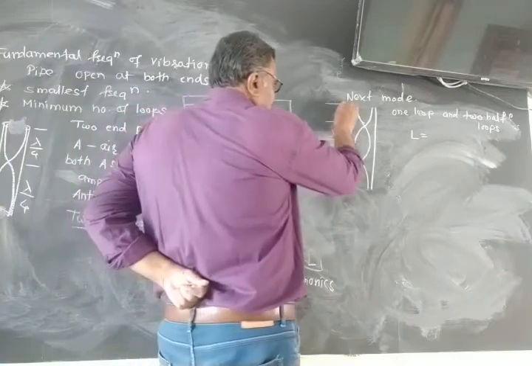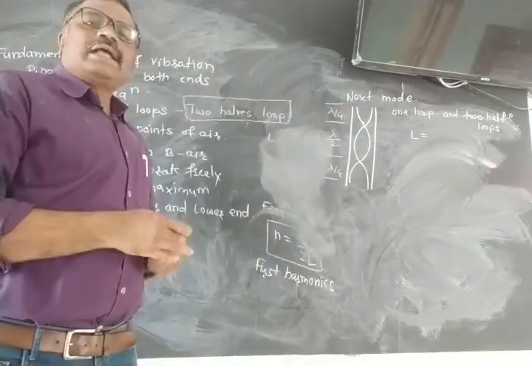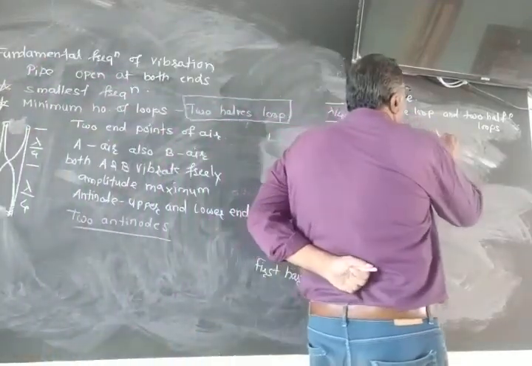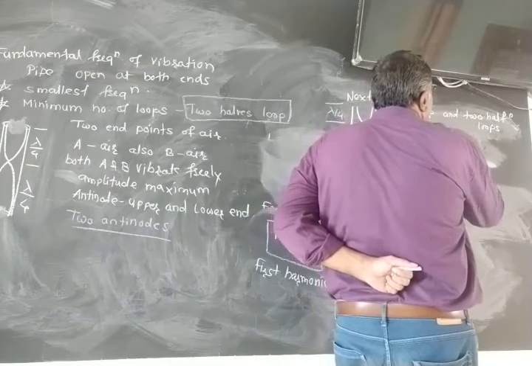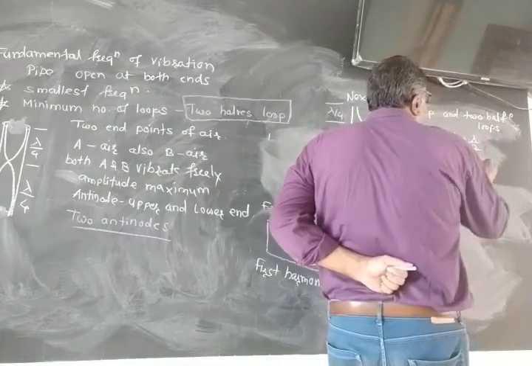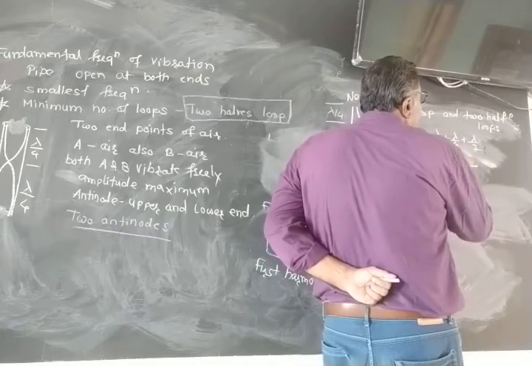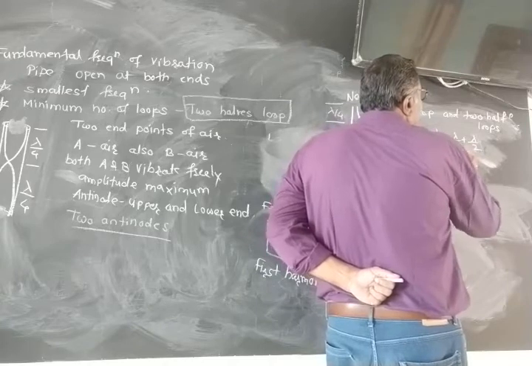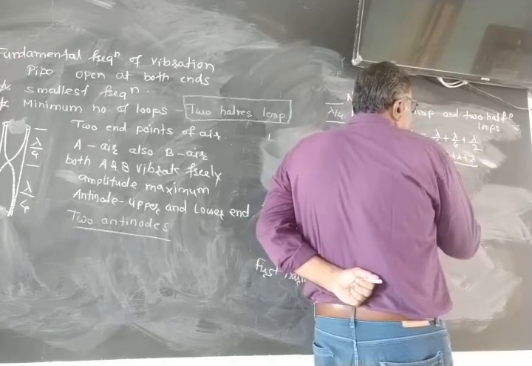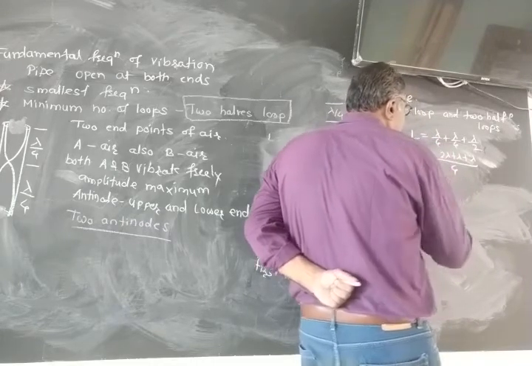Therefore, now we can equate the length of the air column is equal to lambda by 4 plus lambda by 4 plus lambda by 2. Therefore, over 4, we get twice lambda plus lambda plus lambda, that is 4 lambda upon 4. Therefore, we get L is equal to lambda.